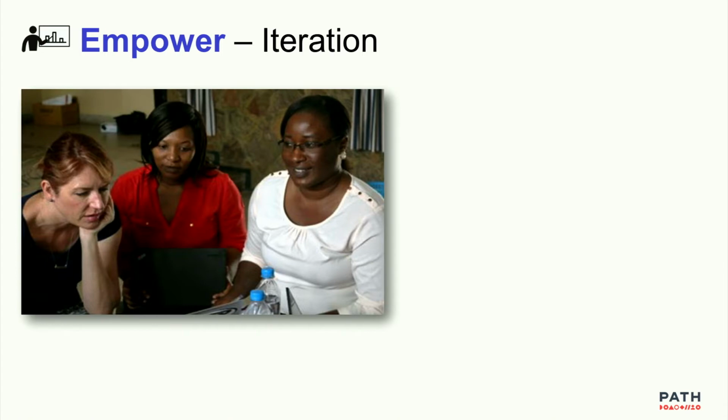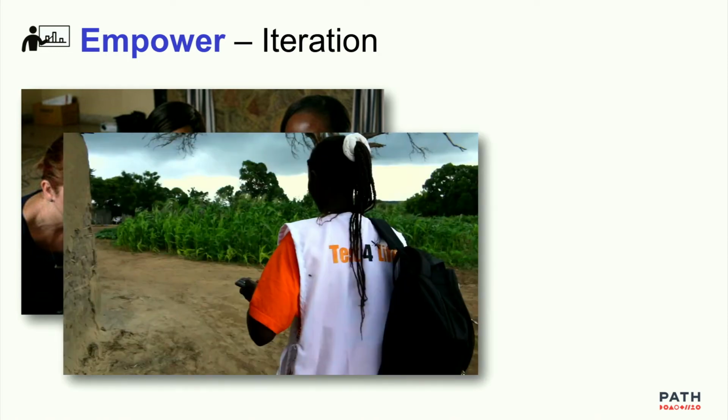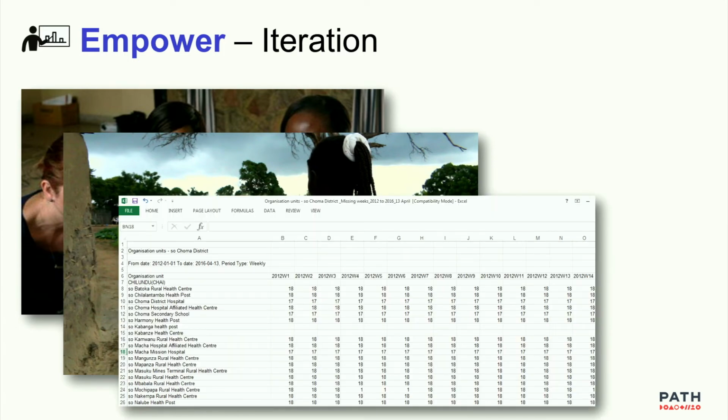And then Anya goes out to Zambia and she's sitting with the users who would actually be using these maps, and they're like, this is great, but we've got these community health workers out there in the field and some of them don't get their data in on time. And so we've got these spreadsheets full of how much data they've submitted, but we want to look at it better.